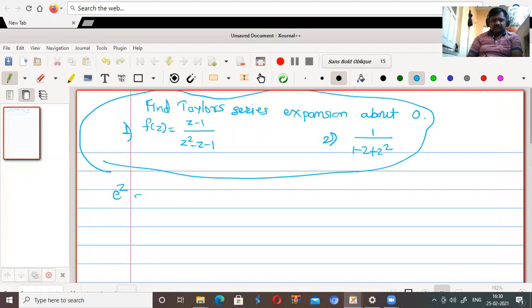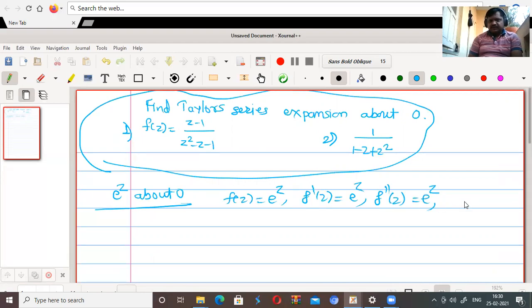First of all, about 0. e to the power z about 0. Let f of z be equal to e to the power z. Therefore, f dash z is again e to the power z. f double dash z is again e to the power z, and so on, the nth derivative of f of z is e to the power z.